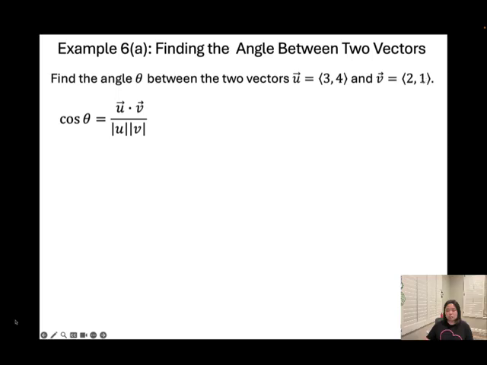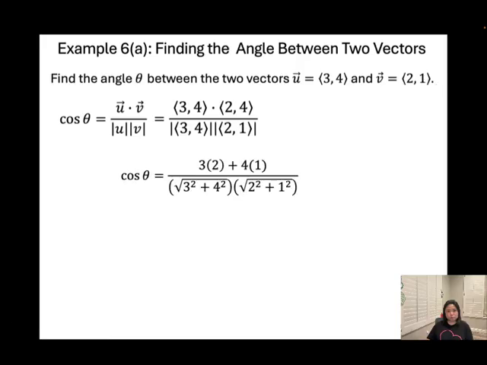Same idea, the magnitude of v will be the square root of 2 squared plus 1 squared. Okay, check your work. Use your calculator. You should get 26.57 degrees.